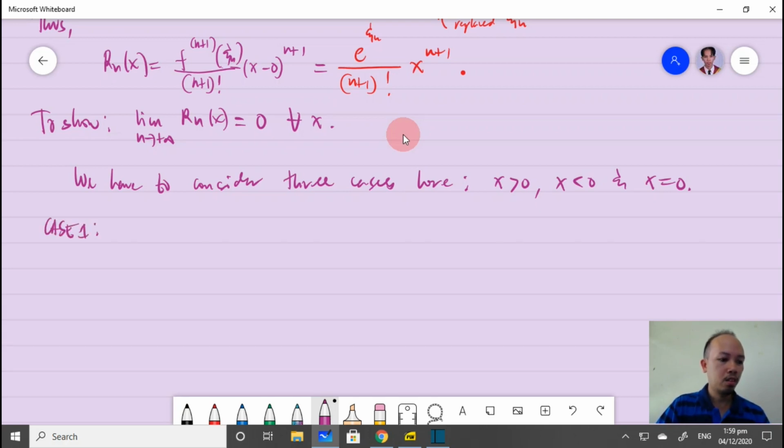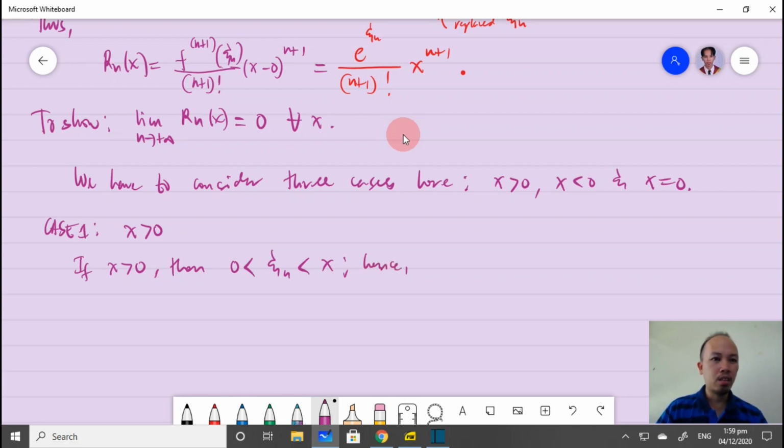Let's have case 1, where x is greater than 0. Then we pick our psi sub n to be between 0 and x.